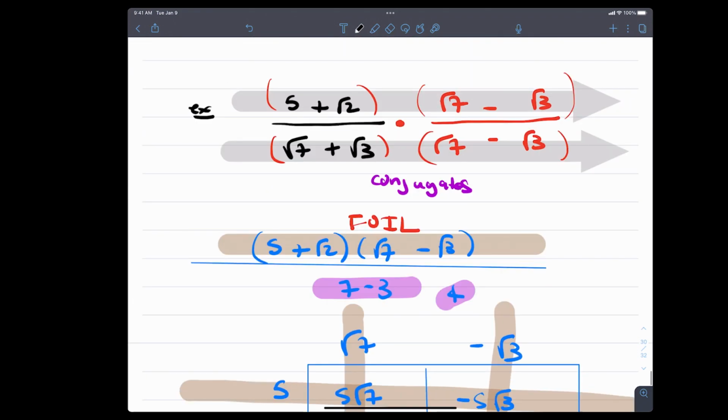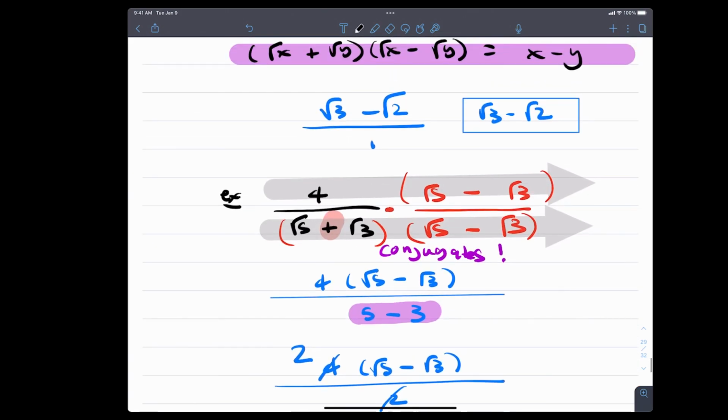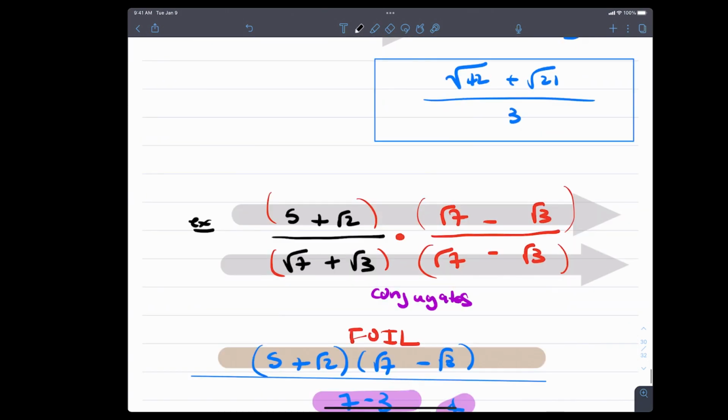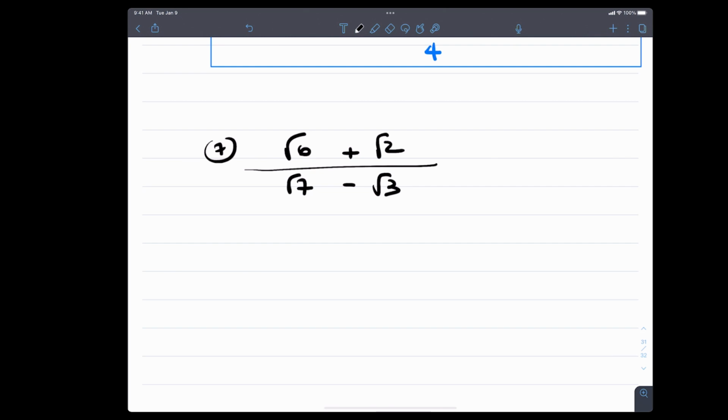And I guess we'll number these here. Number 6. So this will now be 7. And I'll say they gave you the square root of 6 plus the square root of 2 over the square root of 7 minus the square root of 3. 8.